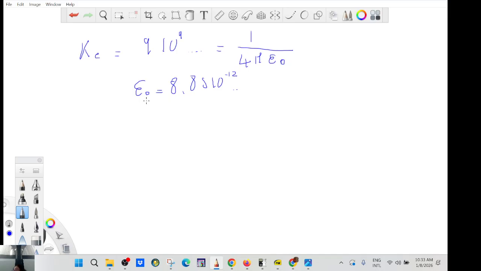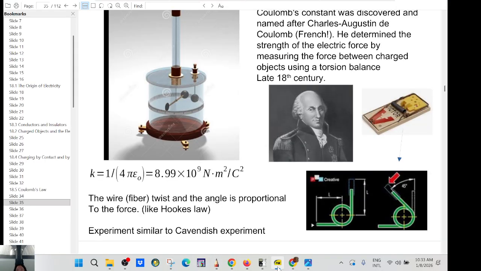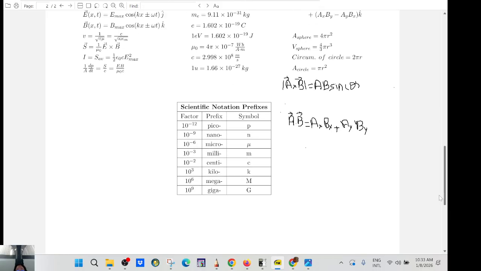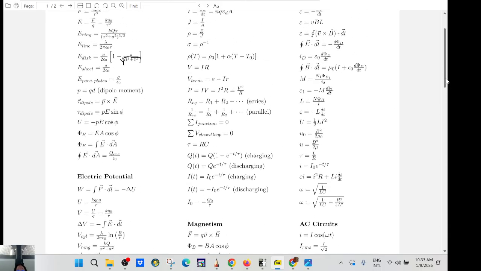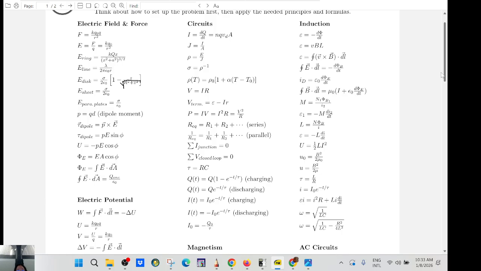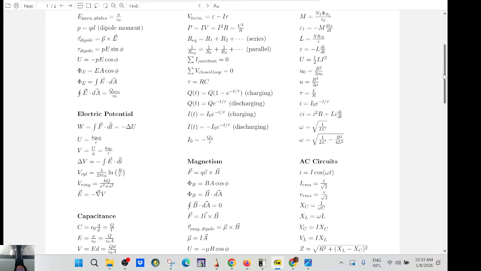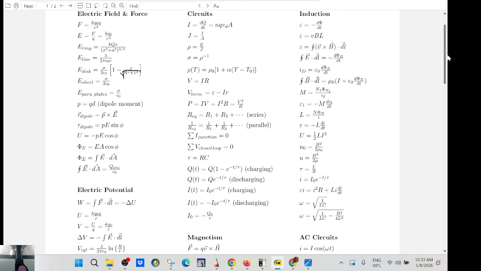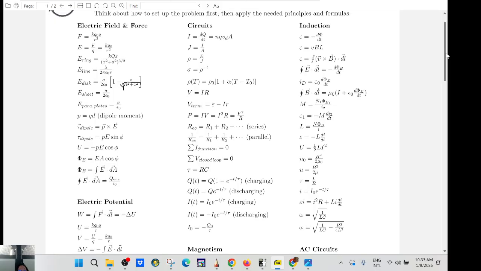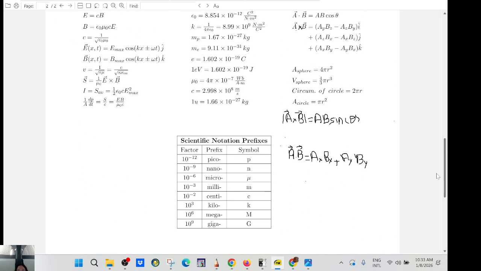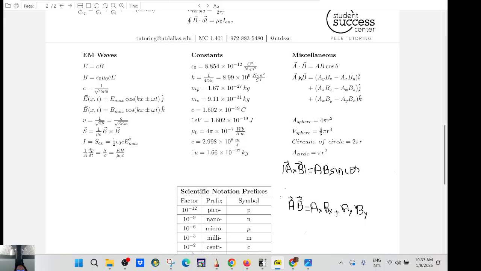And let's look at your equation sheets. You had the constants. Do you see it on the other one? Oh, okay, thank you. I didn't see. You see, epsilon 0 is 8.85 times 10 to negative 12.